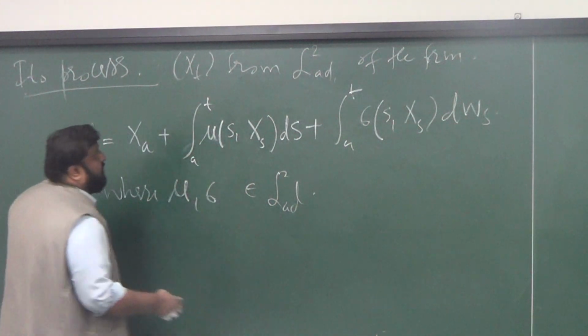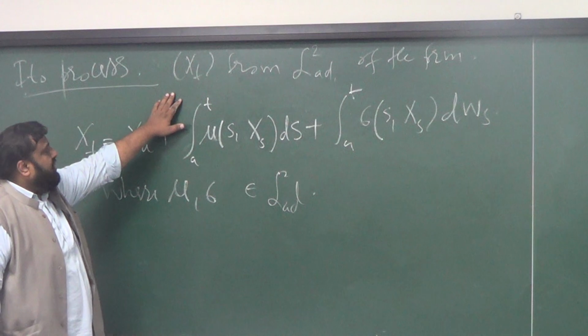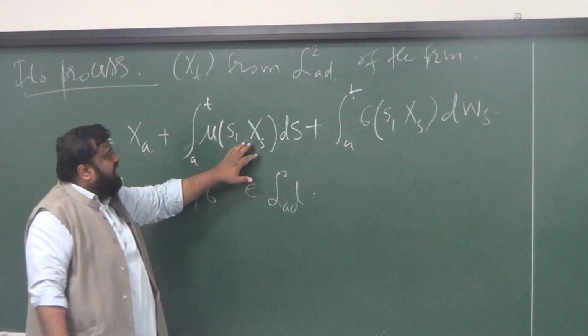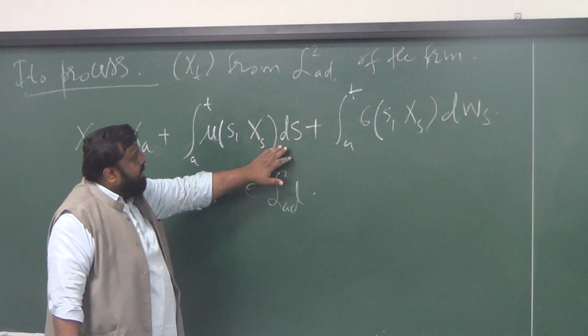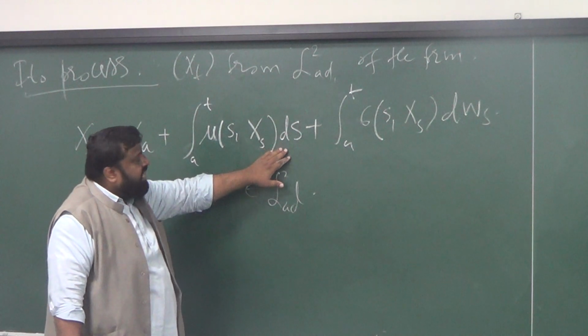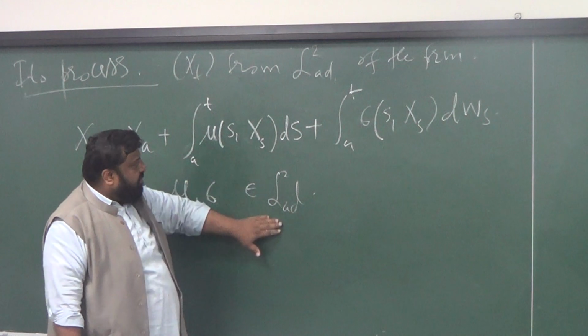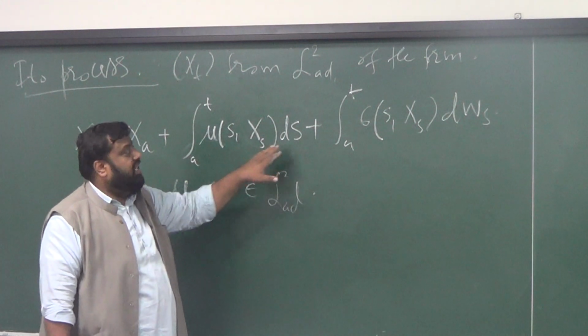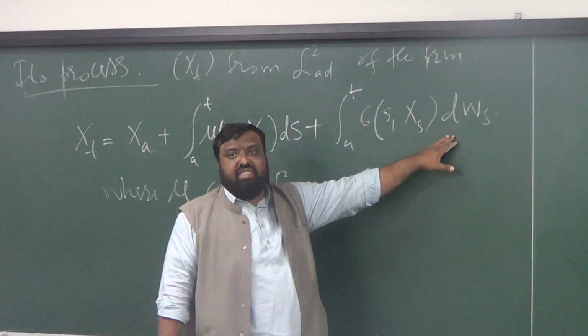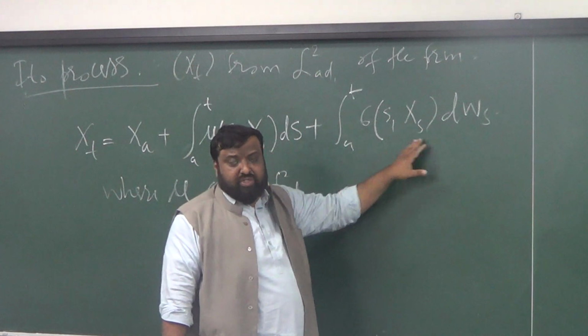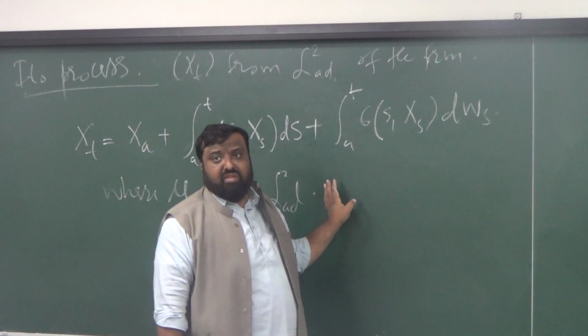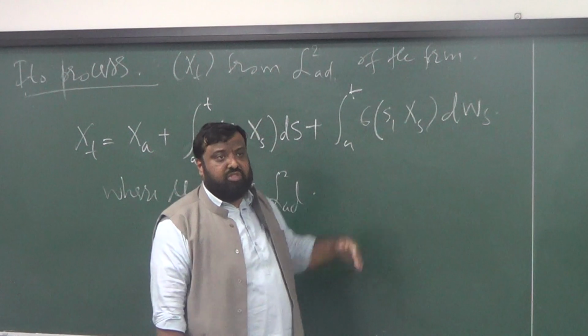So what's an Ito process? An Ito process is a process that contains the Riemann integral of a process from L2 adapted, and a stochastic integral of a process from L2 adapted. So it's really in this manner.